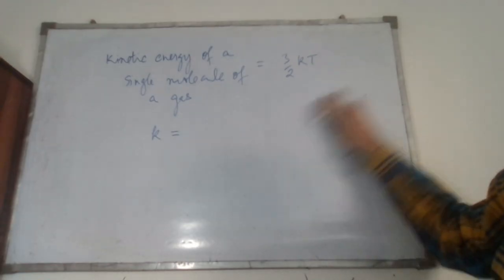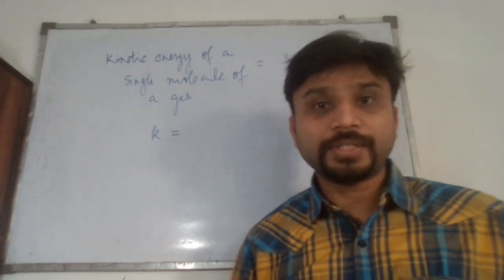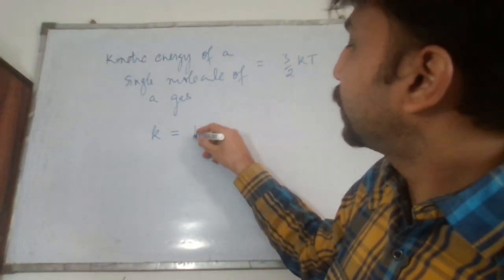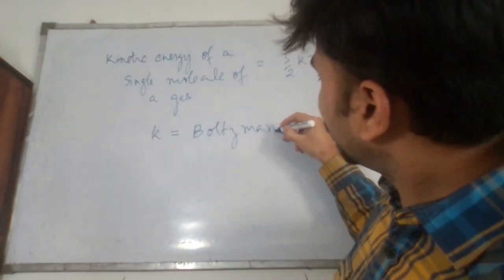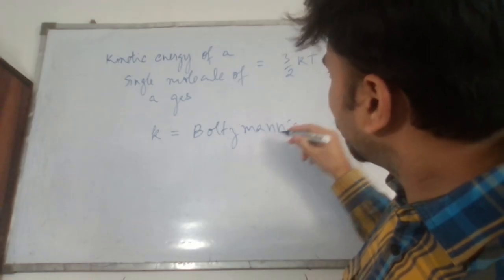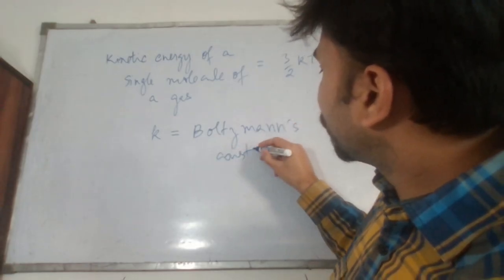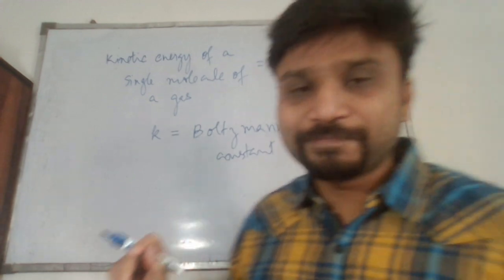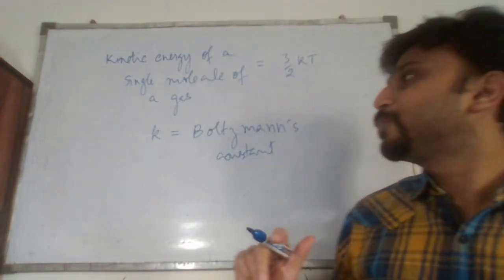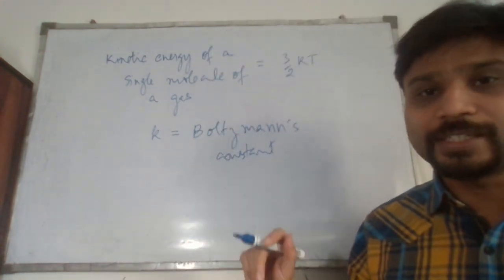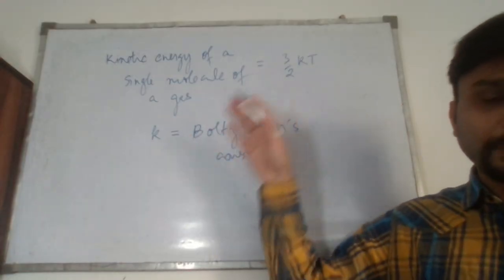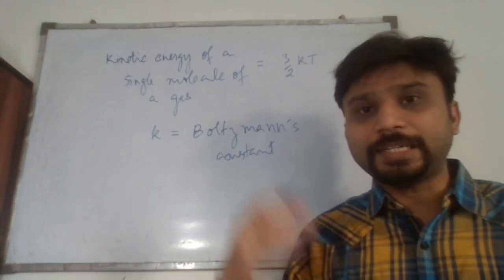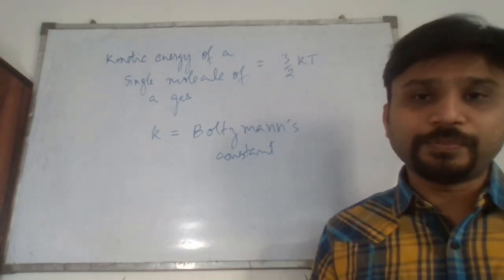This value k is called the Boltzmann's constant. He is the guy with the funny beard. I can find his photo in the NCERT book. It is named after him because he did all that research regarding kinetic theory.